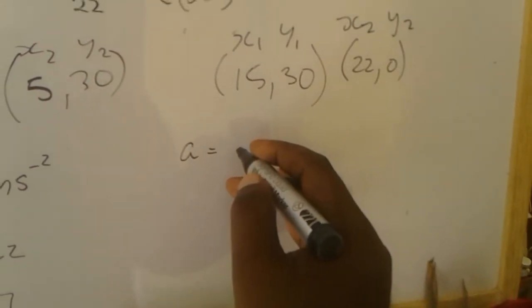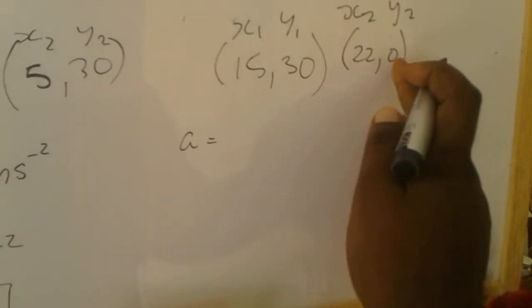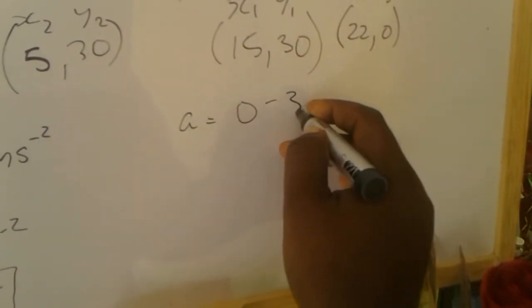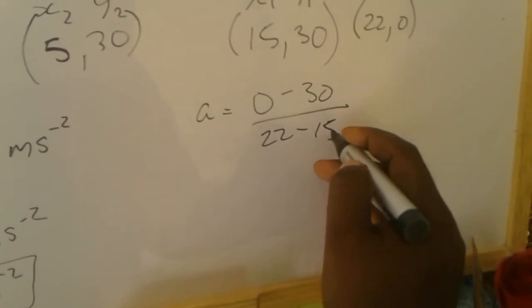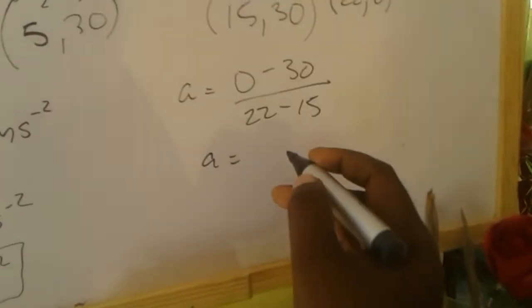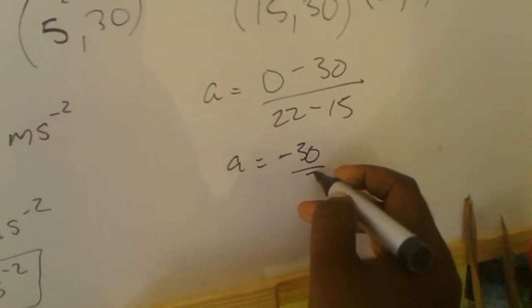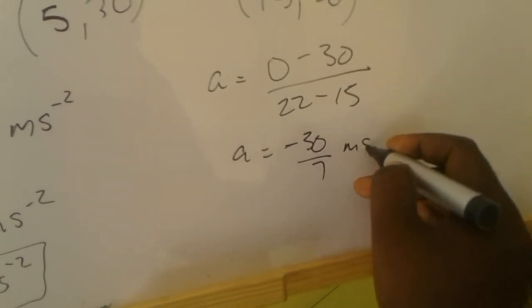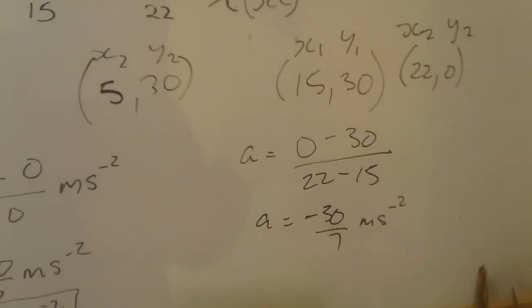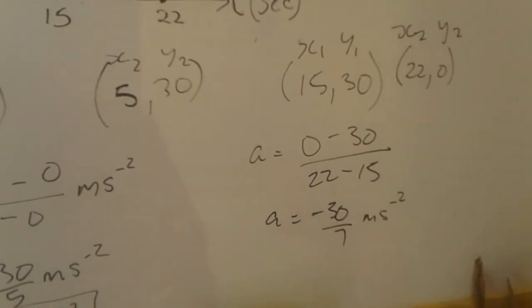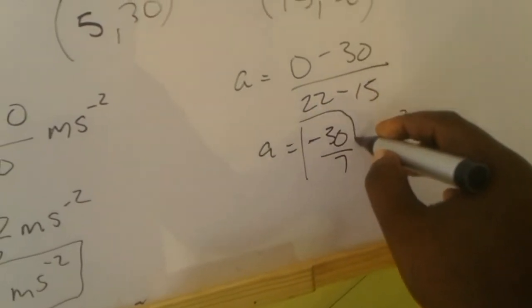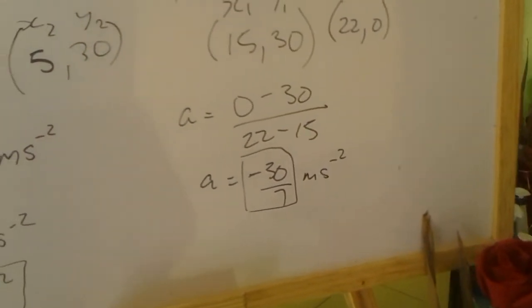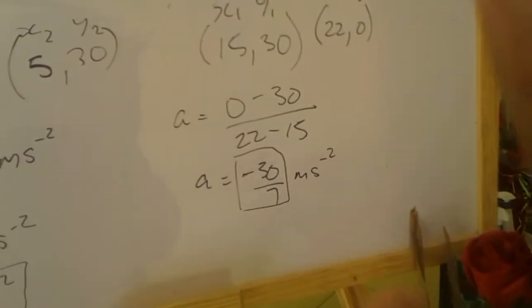So y2 minus y1 gives 0 minus 30 over 22 minus 15. So the acceleration would be negative 30 over 7 meters per second squared. Because of deceleration, you'll find that this value is negative. We can work this out as a decimal if we choose, or we can leave it as is.